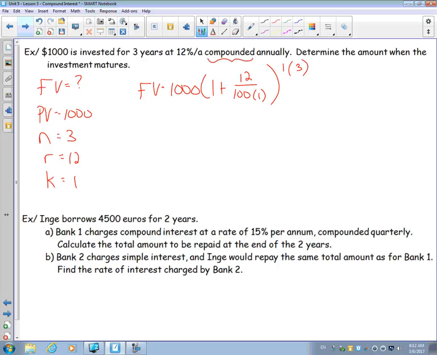Now you can punch in your calculator just the way it looks, or if you want to, what I often do with my calculator, I just change 2 numbers into easier versions of them, and put that in my calculator using the brackets and everything. And if we put that $1,000 in and we invest it, we should end up with $1,430.77. Okay?